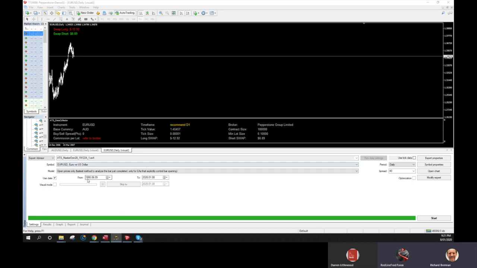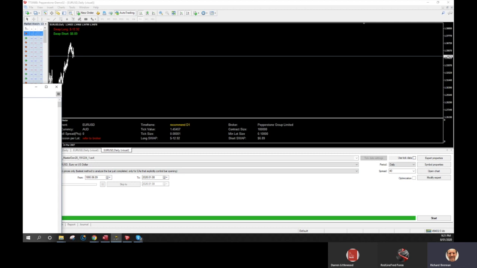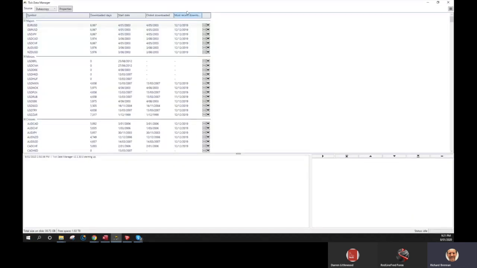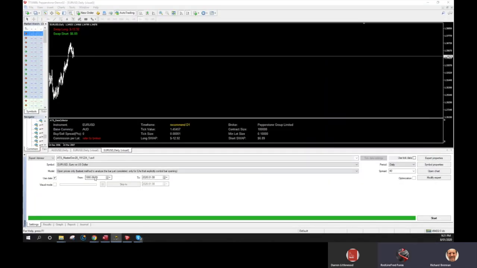Just to clarify, we're testing here on Pepperstone unseen data from 1995, and if you remember, we designed this using Dukascopy data starting 4 years after 2003, so from 2007. So in this case, we have 12 years of unseen data. Now we want to see whether the results are curve fit.